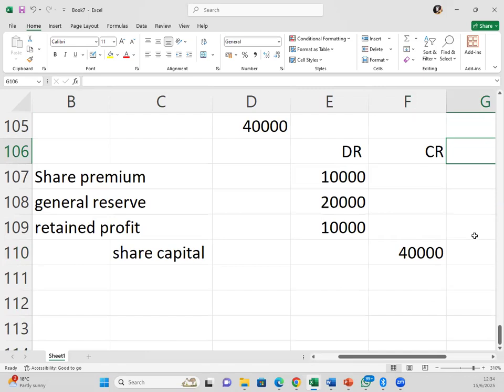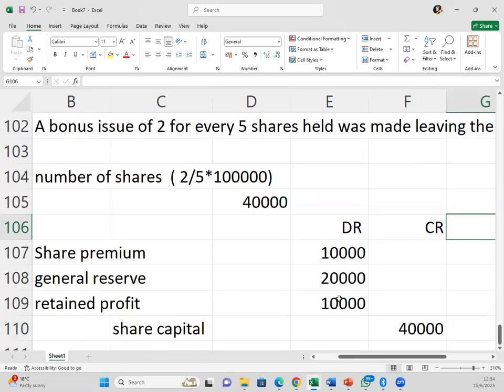If the shares were not of a dollar, you are going to multiply this 40,000 by the par value. So you multiply the number of shares, 2/5 times 100,000, times the par value. That will help you know how much you're going to take from the share premium, general reserve and retained profit.